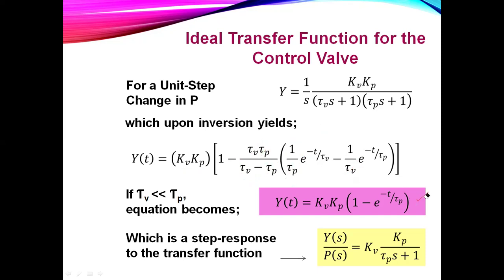That way you will understand how this one in purple came about from this original expression. So we say that your tau sub v here is very small compared to tau sub p. So this tau sub v is very small, making this negatively large because you divide by a very small value. If this becomes negatively large, this is 0.